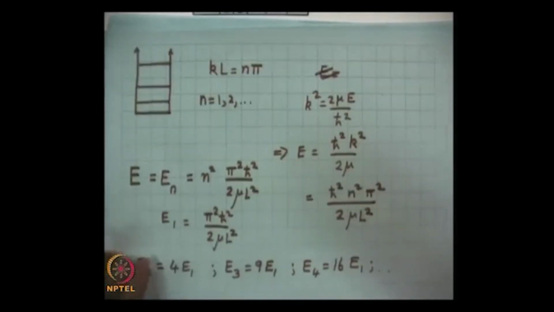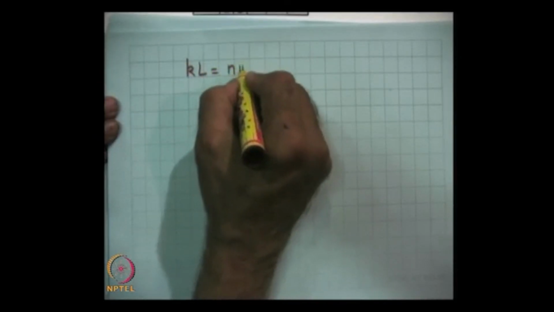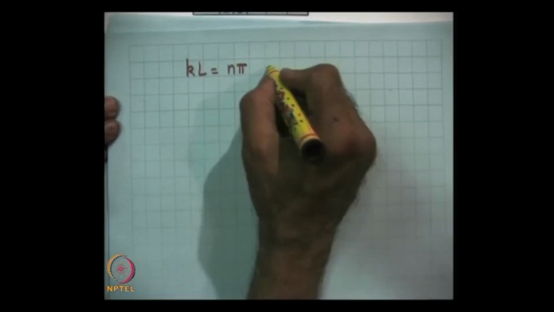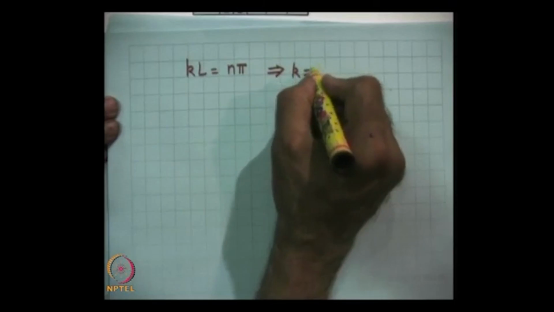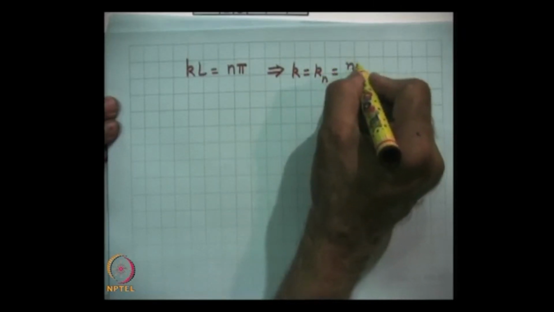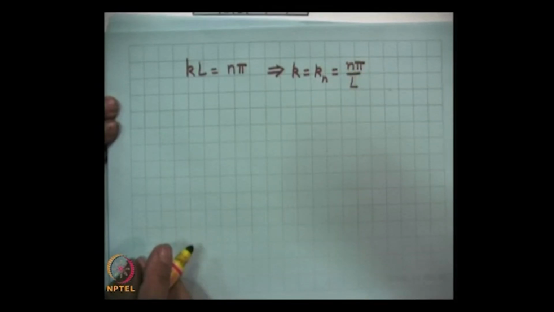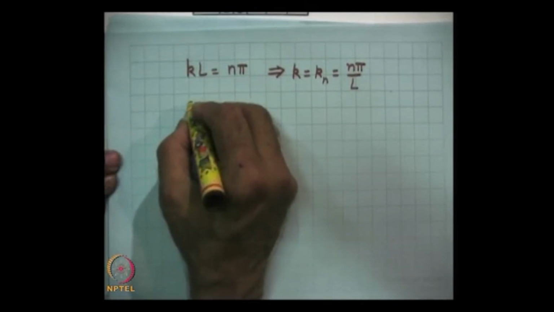And we had shown that K L must be equal to n pi, where n is 1, 2, 3. So, therefore, this tells us that K also has to take discrete values, equal to n pi by L. So, these are the discrete values that K can take.